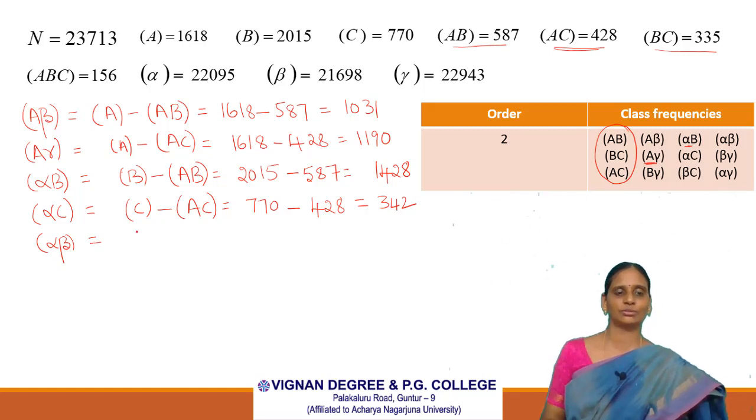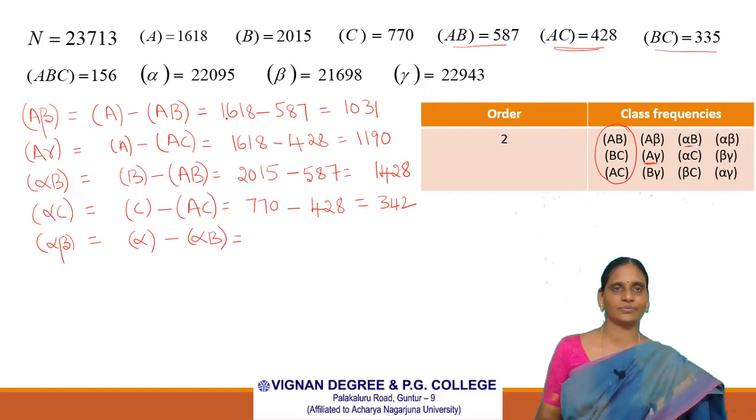Frequency of αβ is equal to frequency of α minus frequency of αB.